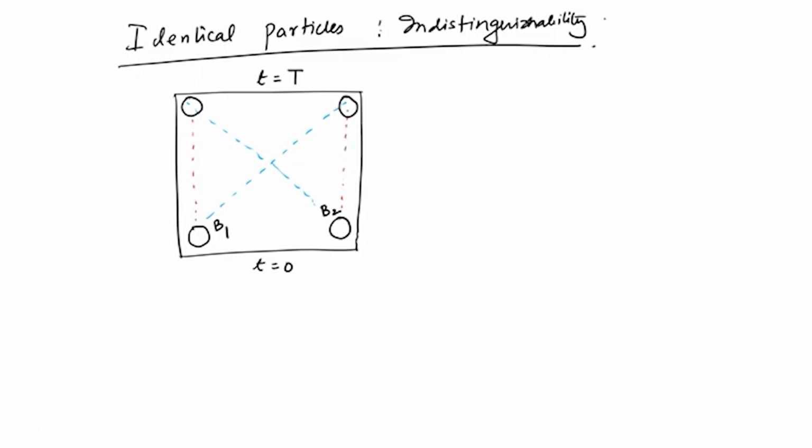Okay. So, say for example, an observer P1 claims that the blue line is correct. And he takes the initial data. So, his initial data was that B1 and B2 are at these lower corners at t equal to 0, and then he takes data after time t.